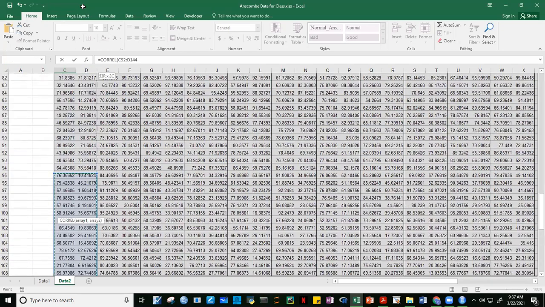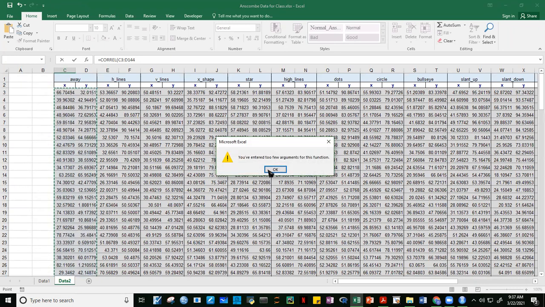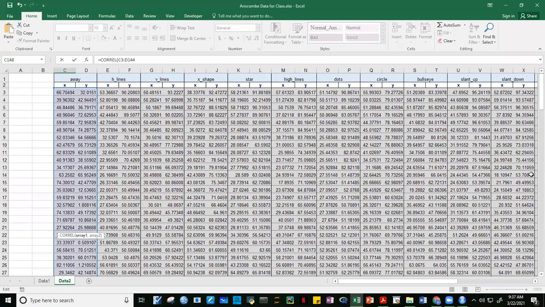Okay, for correlation, it's equal to the correlation between the first pair.